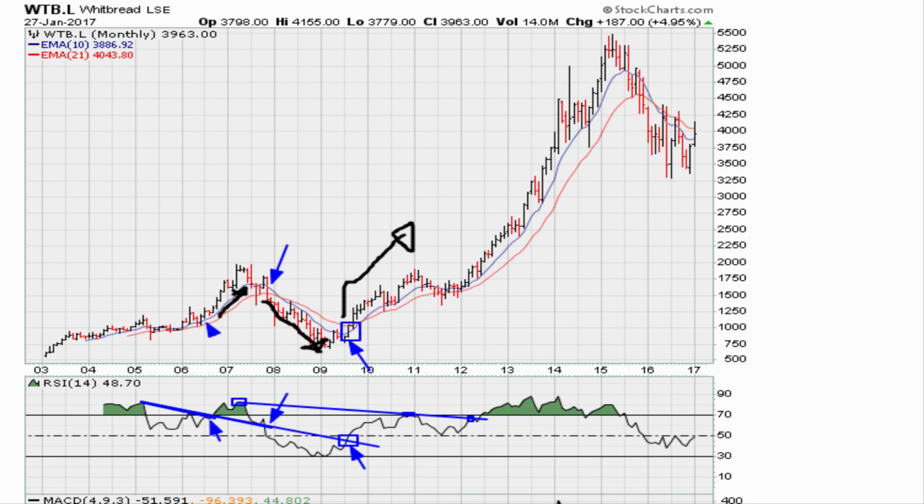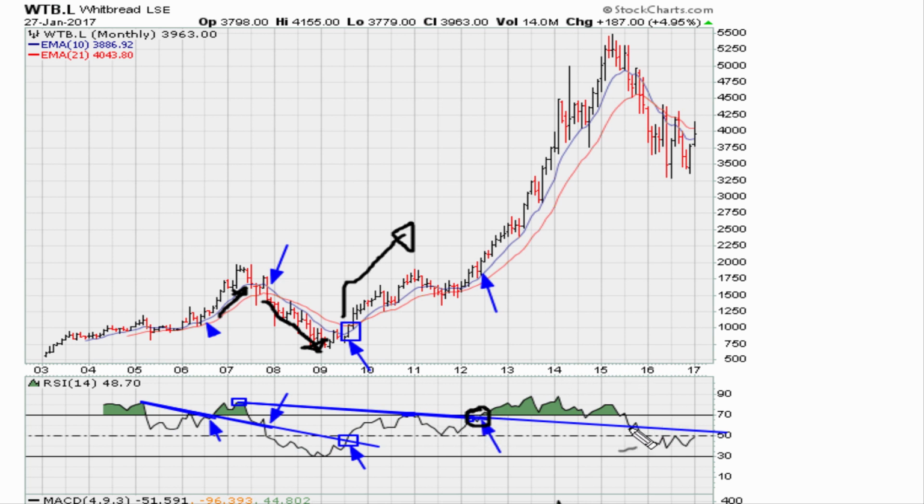And so what happens is we break out above that line here for this entry in the middle of 2012. That's good. So let's extend the same line. Remember, the idea here is that we need to be extending our lines as best as we can, and so there we have it.